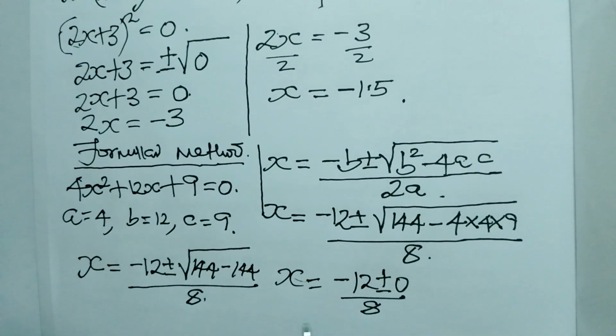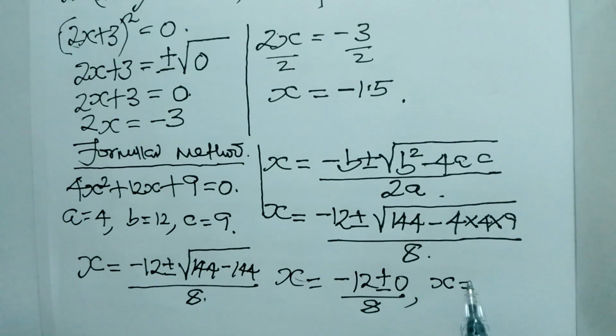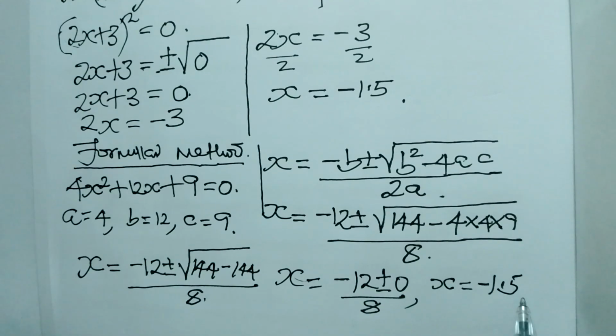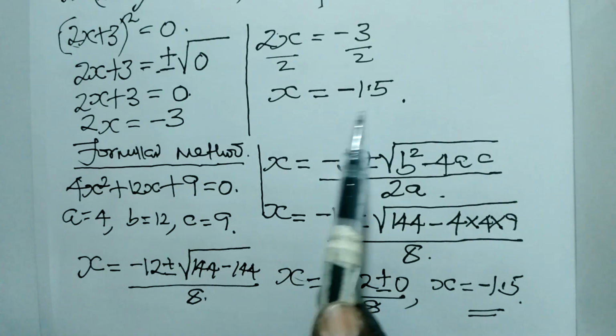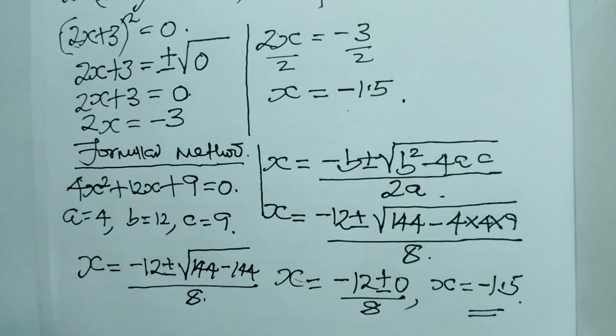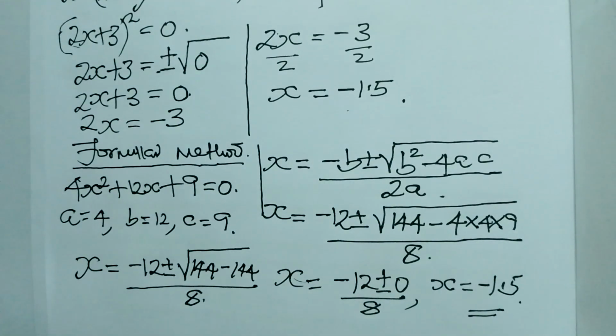When you simplify this, you're going to get x is equal to negative 1.5. Now we are still getting the same solution as what we obtained on top here using the factorization method.